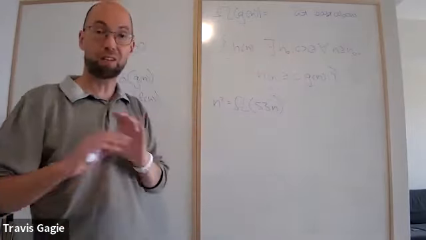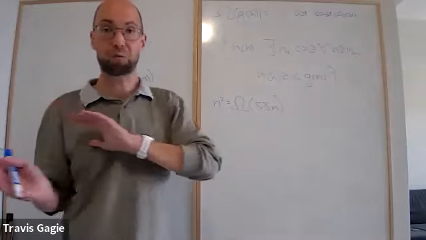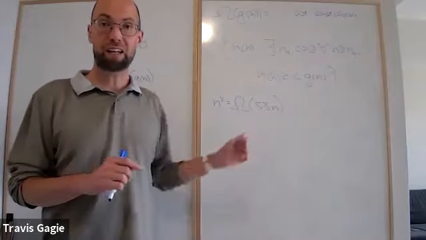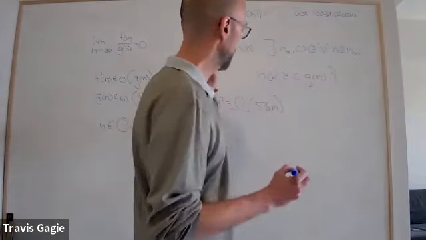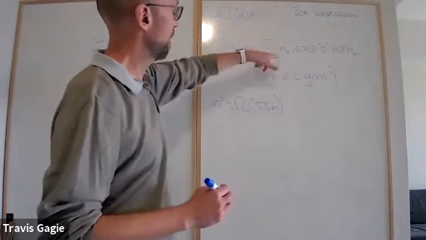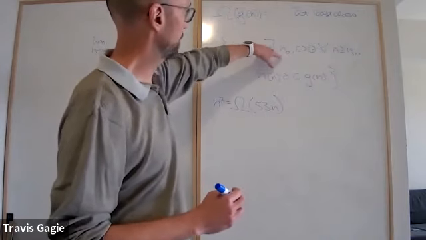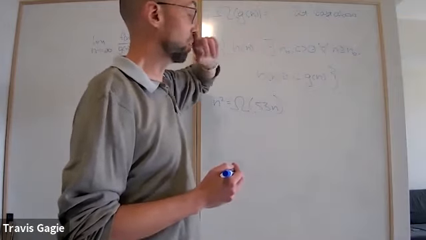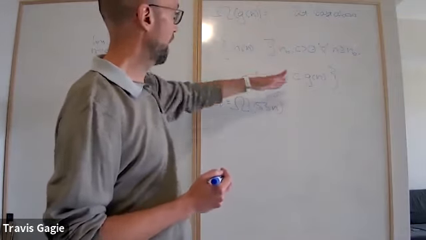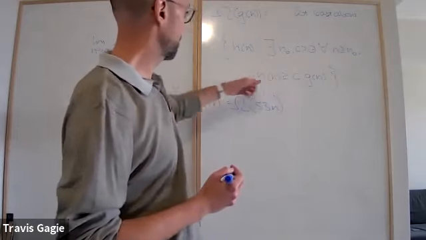So constants disappear, lower order terms disappear. This is very handy. Why? Well, does there exist? Yes, that we just showed. There is n0 equals 60, and c is 32, and then n squared is.